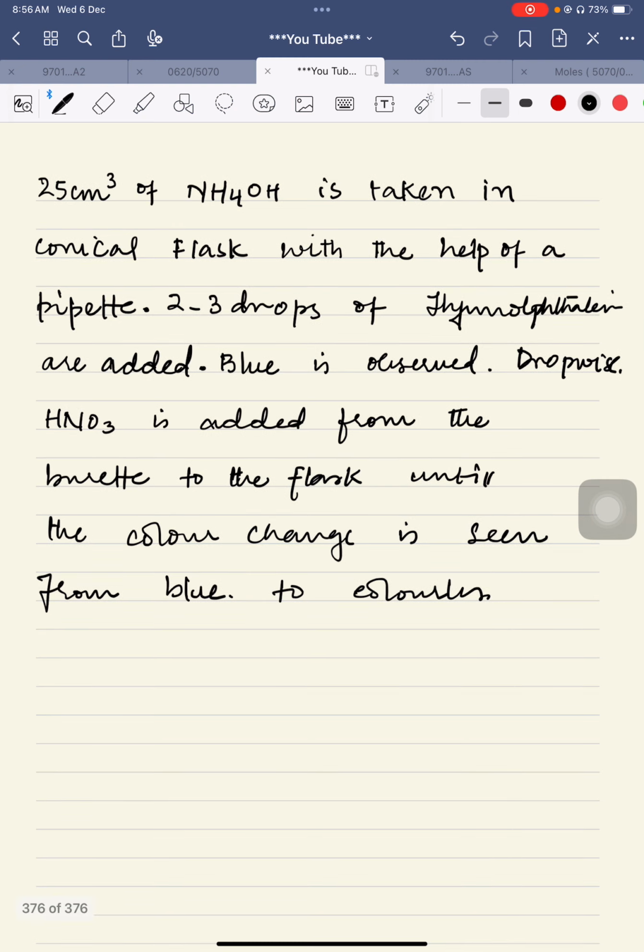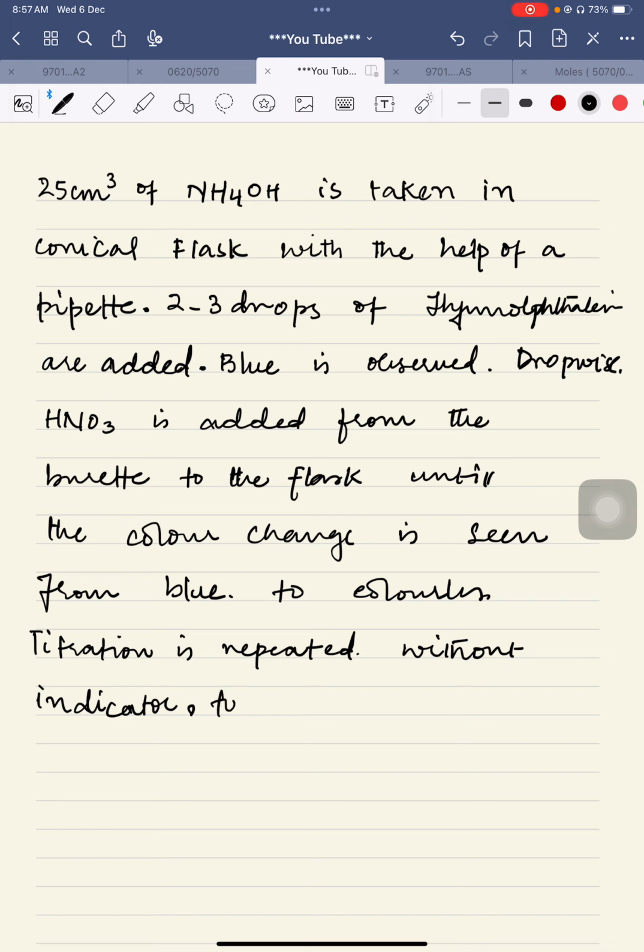Here we are going to say titration is repeated. Why repeated? So that we may do it without indicator. Titration is repeated without indicator, to avoid the contamination of indicator.